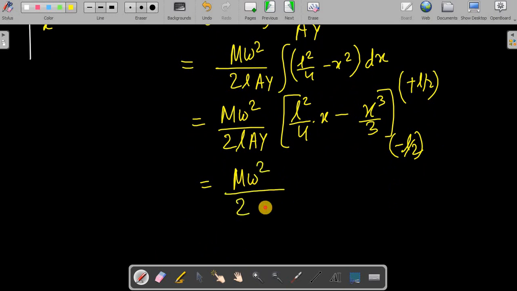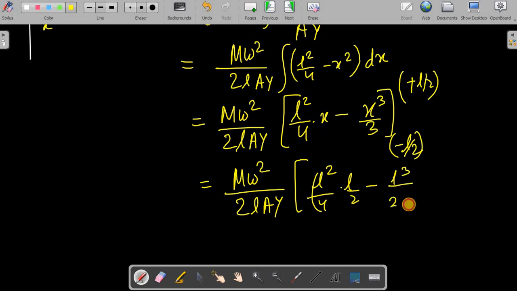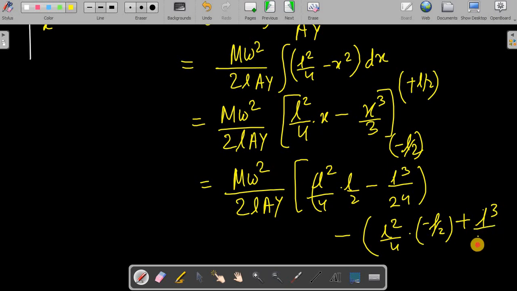M omega square by 2 A Y, put the upper limit: for x equal to L by 2, L square by 4 into L by 2 minus L cubed by 24, which is L cubed by 8 minus L cubed by 24. Then minus the lower limit, minus L by 2 minus, and minus minus will become plus L cubed by 24.